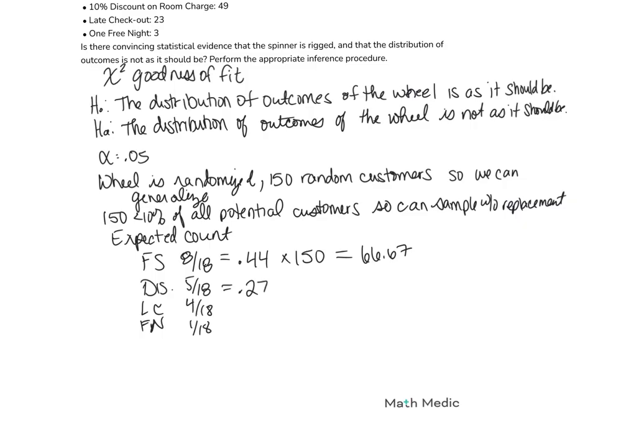And my expected counts don't have to be whole numbers. So 41.67. Then 4 divided by 18 is 0.22 times 150 is 33.33. And then 1 divided by 18 is 0.05 times 150. And I'm not rounding in my calculator.